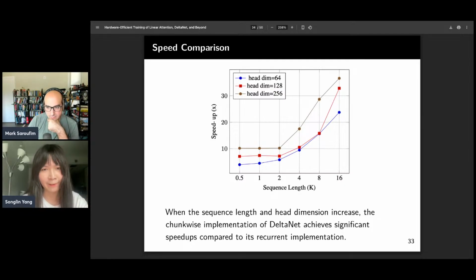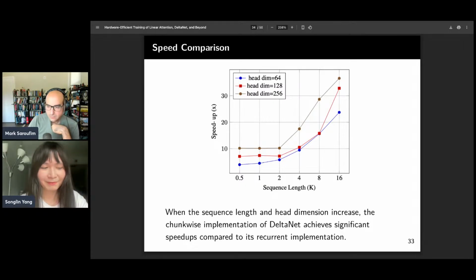Because for long chain of thought reasoning, this in-context retrieval is very important, because you don't want your model to forget the intermediate steps, right? If the model does not have a good in-context retrieval ability, it will immediately forget the intermediate results and the intermediate thoughts, and then it cannot have good performance in long chain of thought reasoning.